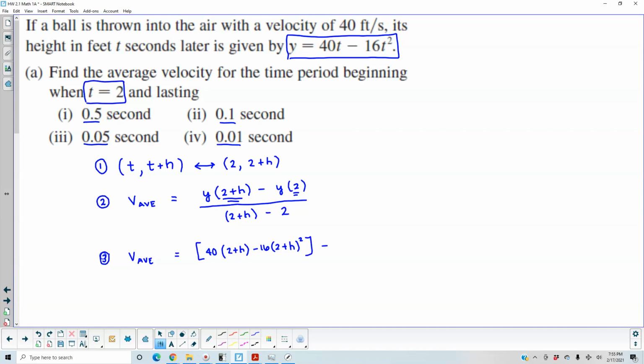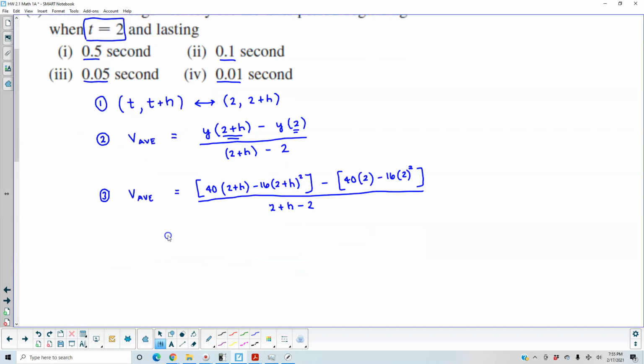And then that's minus 40 times 2 minus 16 times 2 squared. And then we divide that by 2 plus h minus 2.